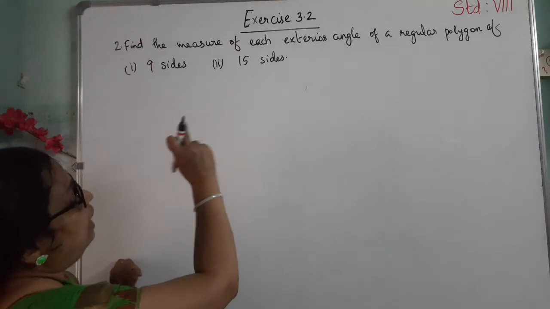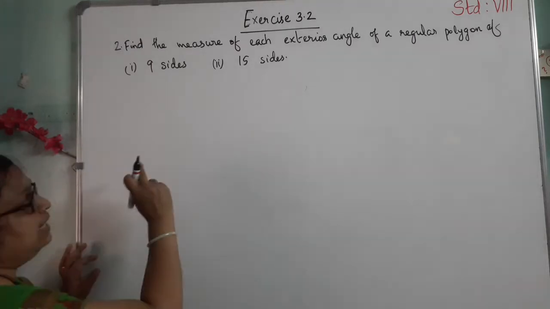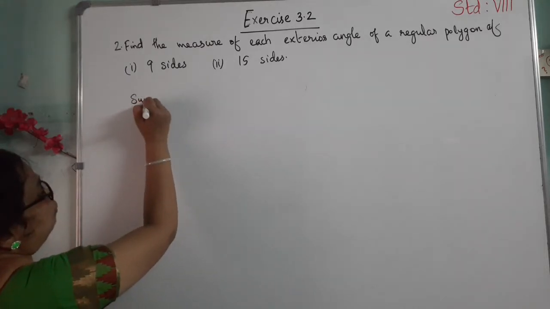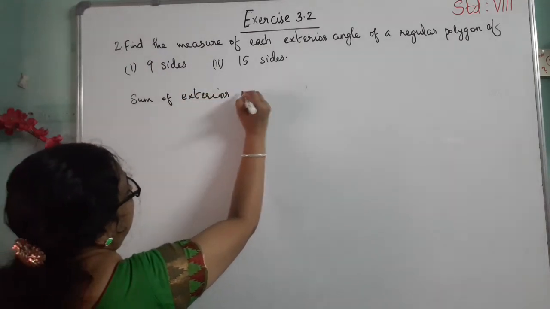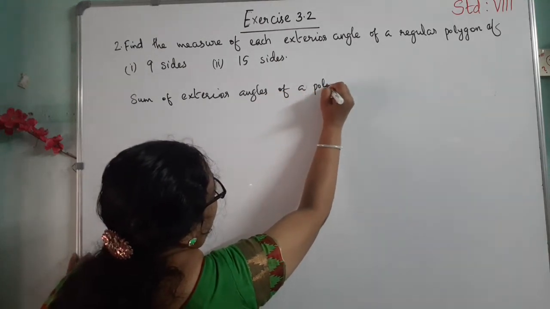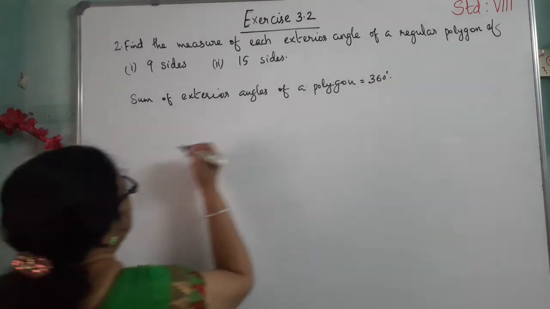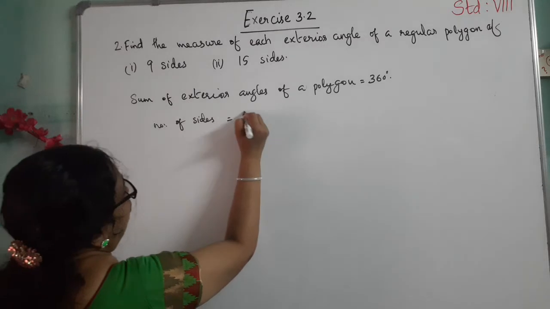Second question, find the measure of each exterior angle of a regular polygon of 9 sides and 15 sides. So we know that the sum of exterior angles of a polygon equals 360 degrees. The number of sides equals 9.